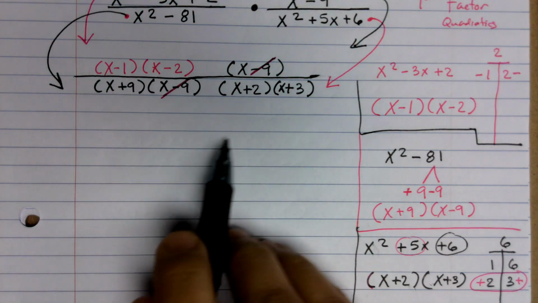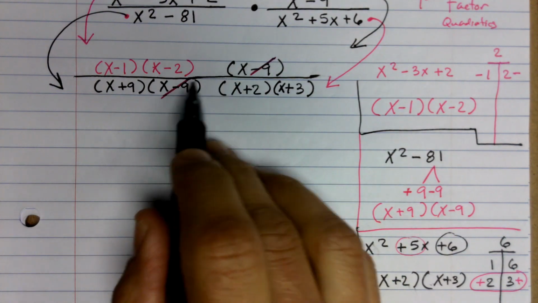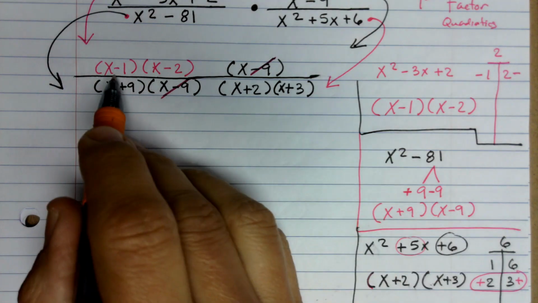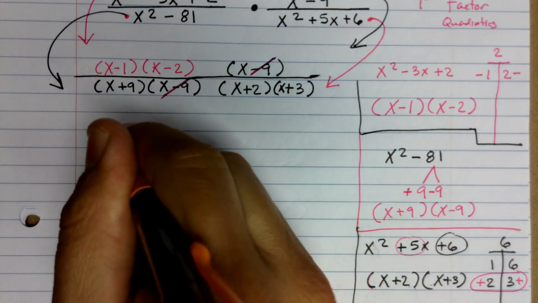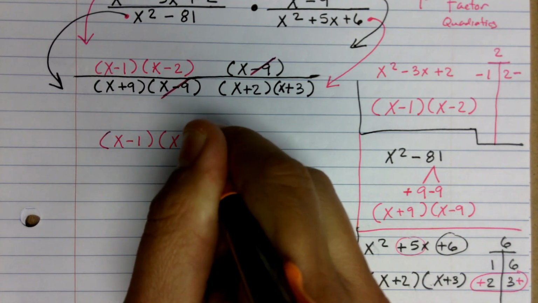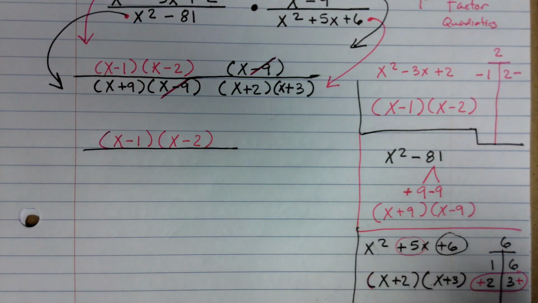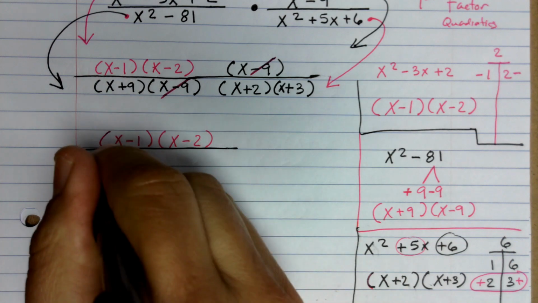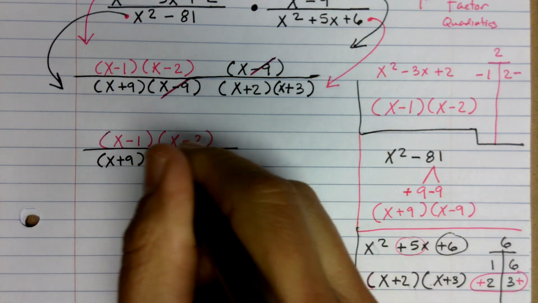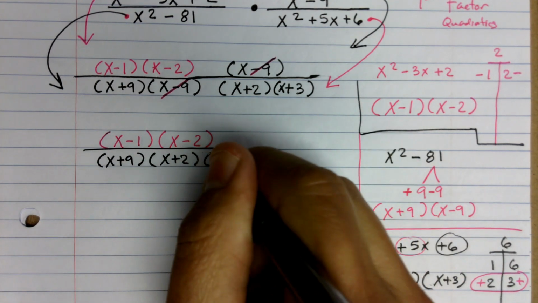So what I'm going to do from this point, I'm just going to rewrite this a little bit nicer, leaving the ones off that we canceled, and then we'll find that restriction in just a moment. So let's see, we have x minus 1 and x minus 2, and this is over x plus 9 and x plus 2 and x plus 3.